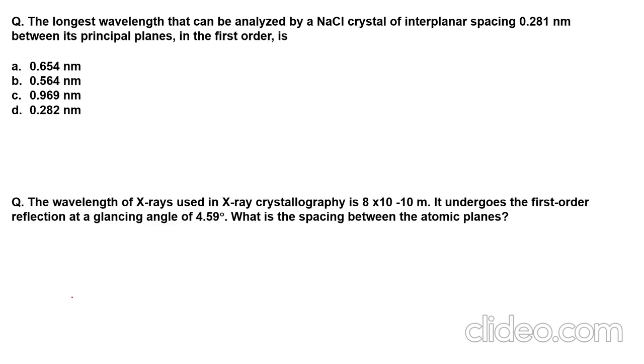Then we have another question on Bragg's law, which you have done for XRD or X-ray diffraction. It says that the longest wavelength that can be analyzed by a sodium chloride crystal of interplanar spacing 0.281 between its principal planes in the first order is. You are given the d spacing, the interplanar spacing. You have to find lambda, the longest wavelength that can be analyzed by the NaCl crystal.